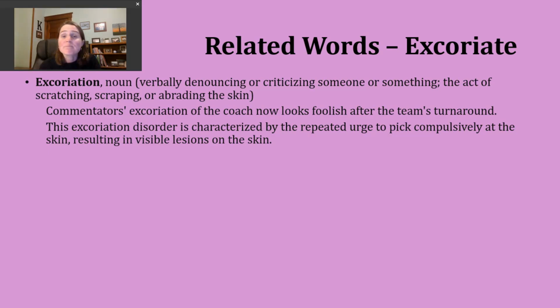So, here, this definition gets to be a little more medical than probably is what's necessary for our verb videos, but it does give you a good example of this noun in a sentence describing a particular disorder of the skin where someone is constantly picking, and that leads to this scratching and scraping or kind of removal of that top layer of skin.